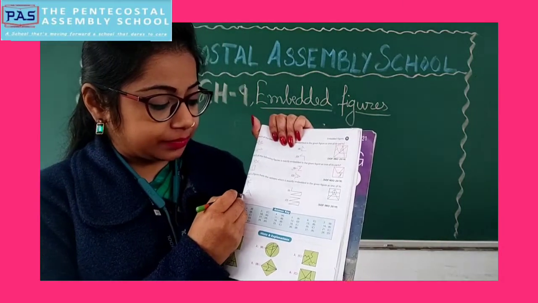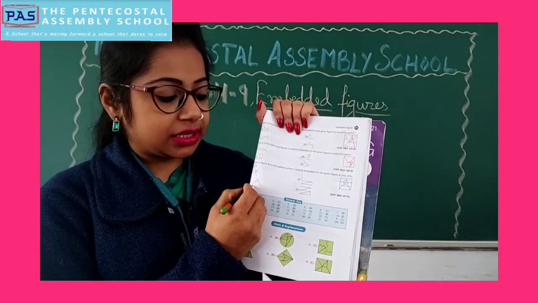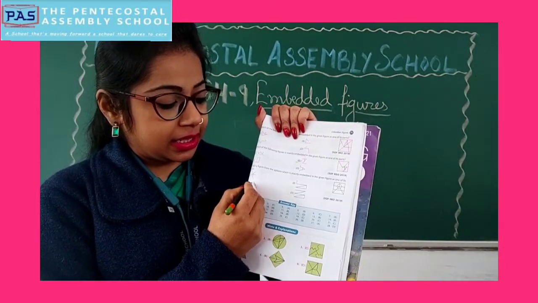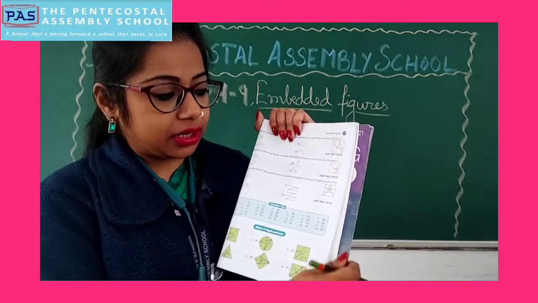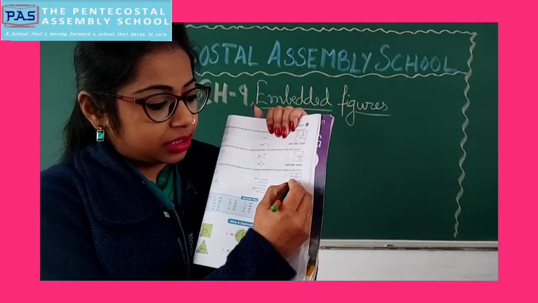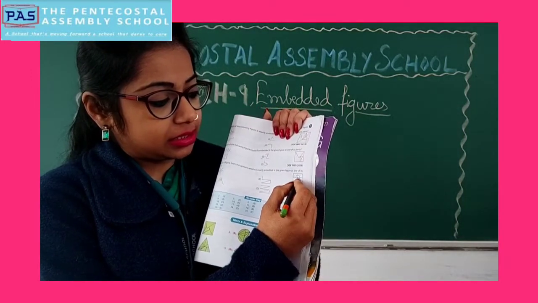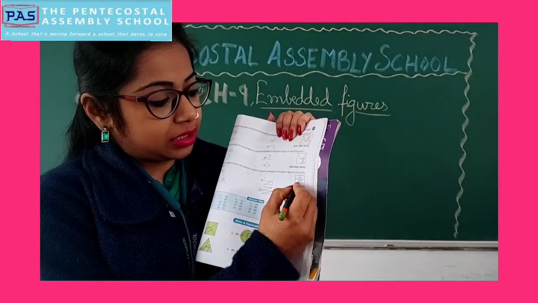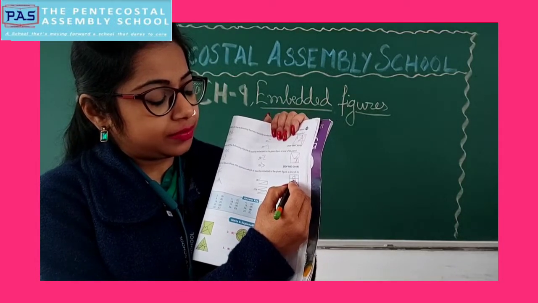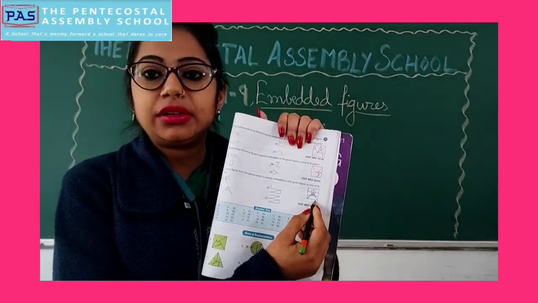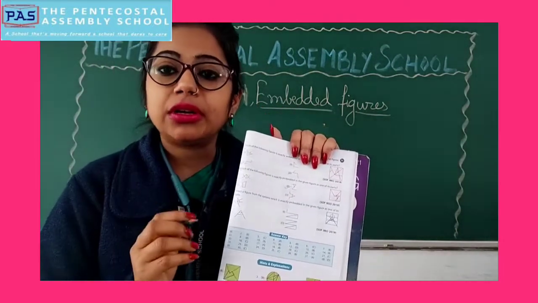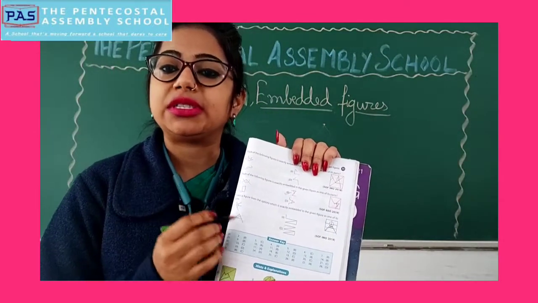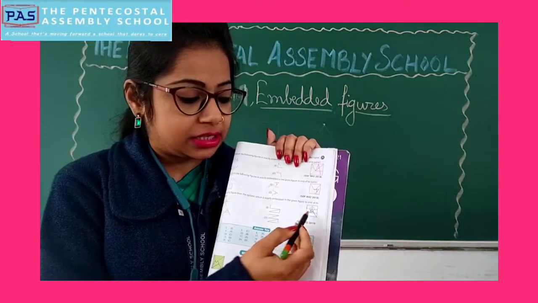Option C. Here you can see that there is an A in this figure. Is this figure embedded? Yes, you can see this figure in here also. So the figure given in option C is embedded in this figure.